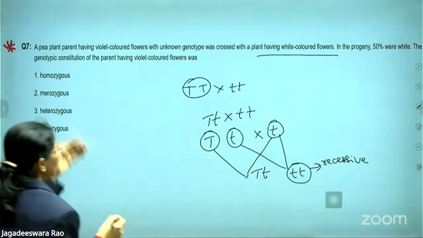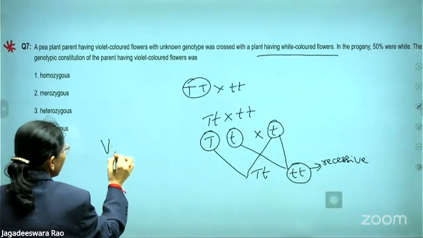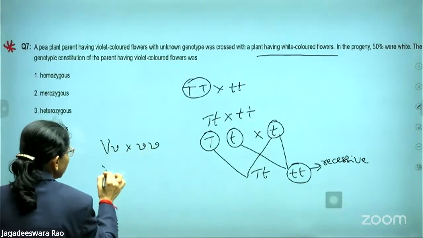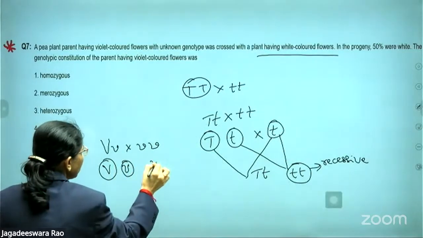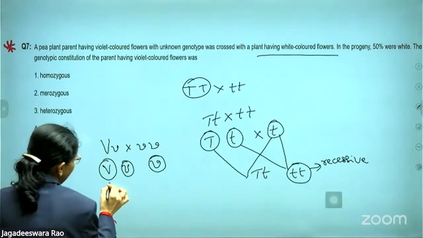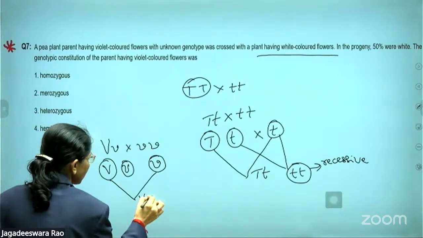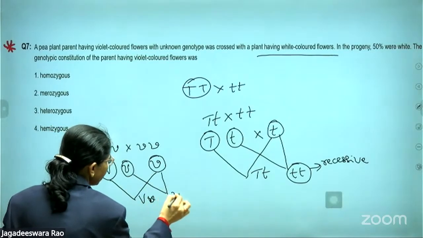So let us go into this. They said violet color, and into white. We got two gametes in the hybrid and one type of gamete in the recessive parent, right? And we are getting here 50% violet and 50% white.